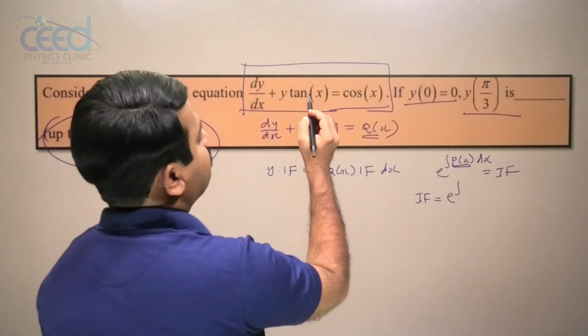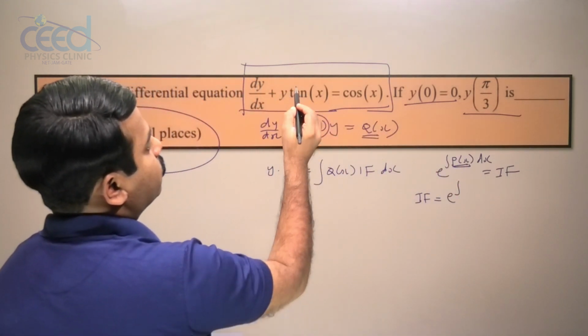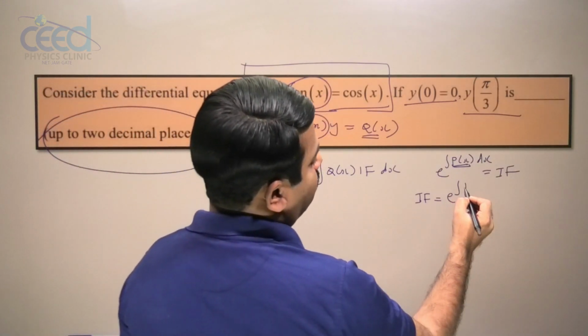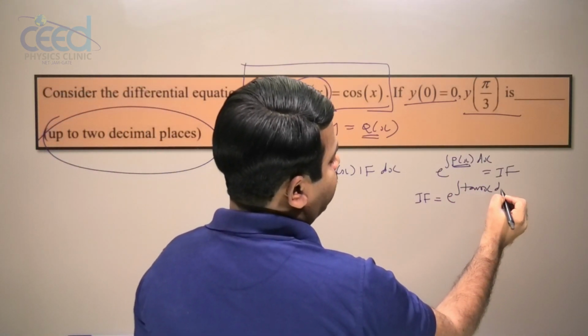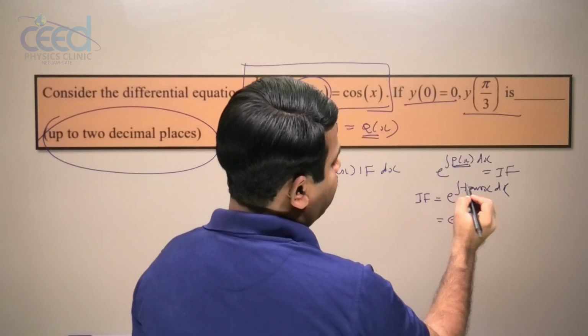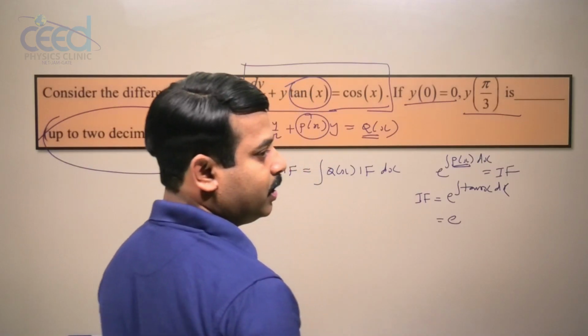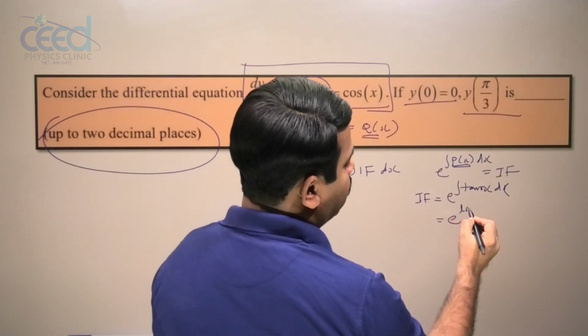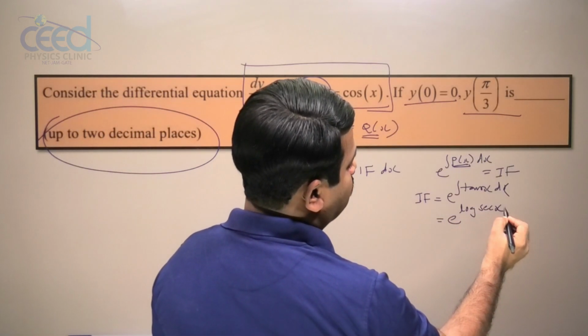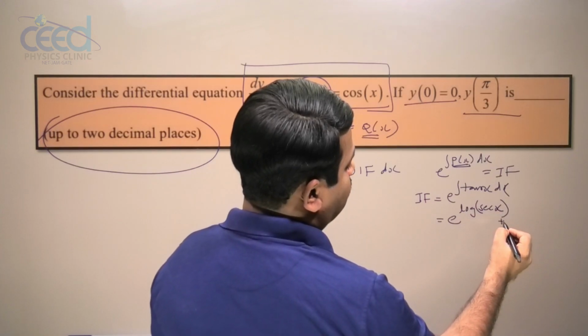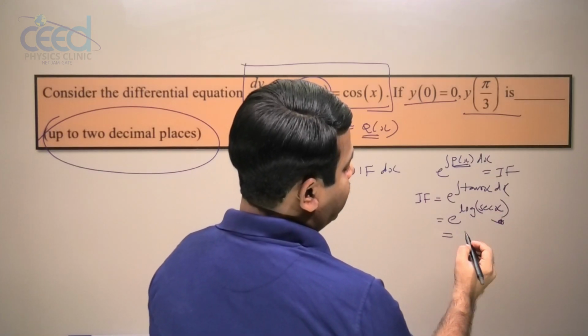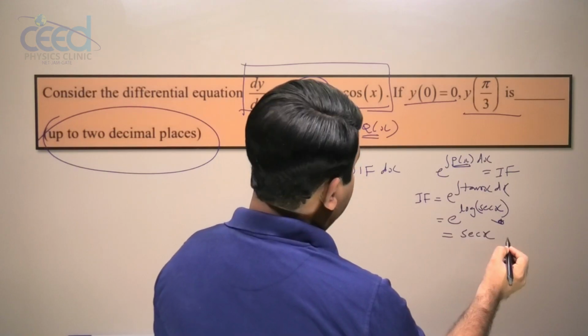What is p of x? The y coefficient, that is tan x. Now e raised to integral tan x, that is log sec x, then e and log cancel, and sec x is the answer, right.